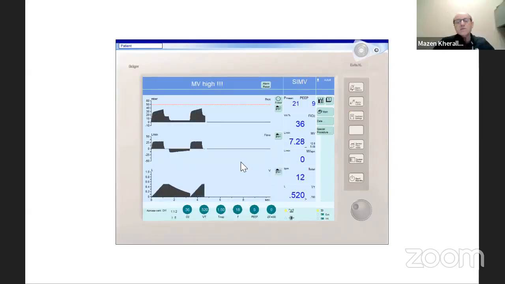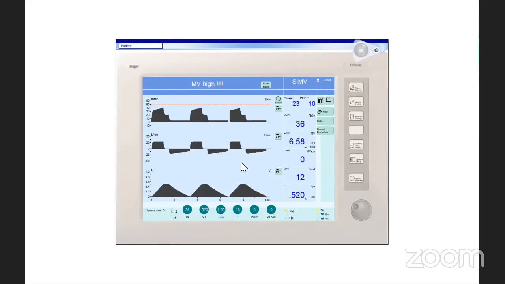Okay, so let's just go back and explain this better. The first principle in dealing with dynamic hyperinflation syndrome is to maintain oxygenation and ventilation as much as possible. So I would accept permissive hypercapnia if I fail correcting the dynamic hyperinflation without affecting the minute ventilation.